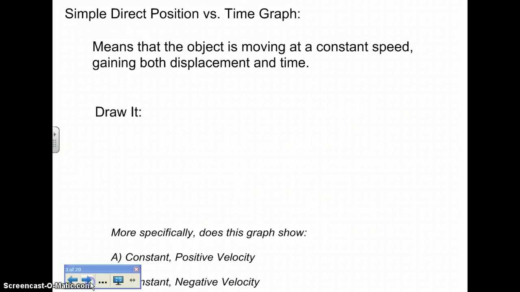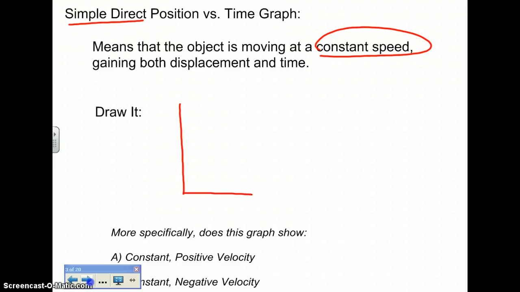What do you see? Okay, let's talk about a simple direct position versus time graph. This means that the object is moving at a constant speed. The object is moving at a constant speed in both displacement and time. So a general graph would look like, here is your displacement or position in meters, your time in seconds, therefore the title is x versus t, in other words, your y variable versus your x variable.